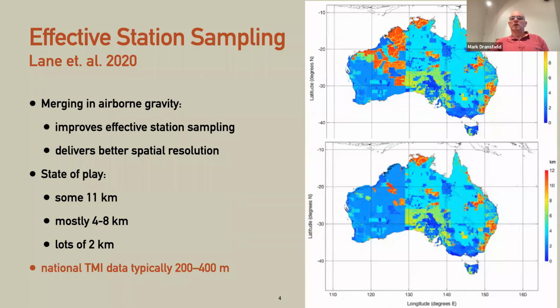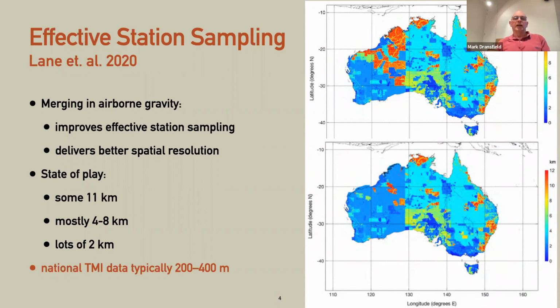And so you can see the amount of red, the 11 kilometre or so spaced data, has shrunk dramatically. By doing that, you're improving the effective station sampling, and that means you're delivering, as we saw in the previous slide, much better spatial resolution.